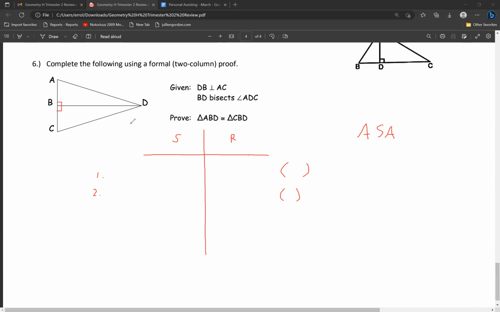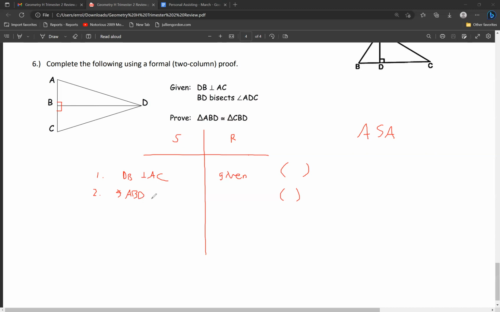My first one was DB is perpendicular to AC. Okay, that's given. The second one was angle ABD is equal to angle CBD. Hold on. Are you talking angle or are you talking triangles?